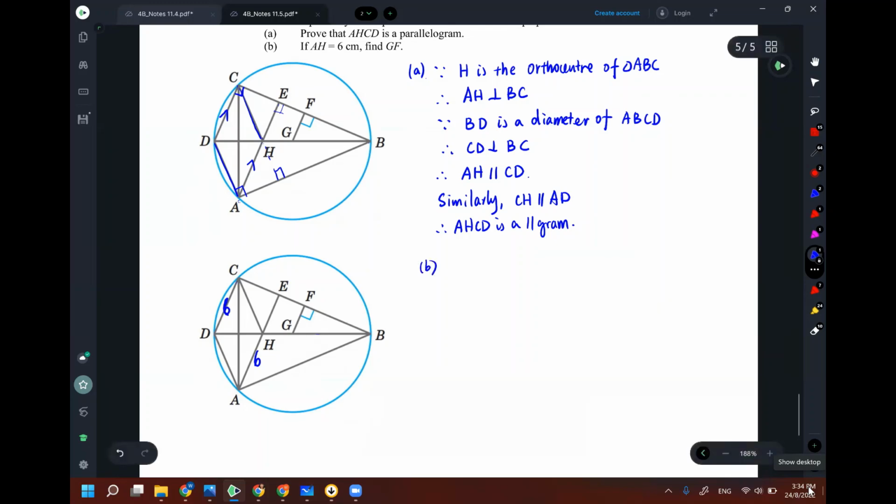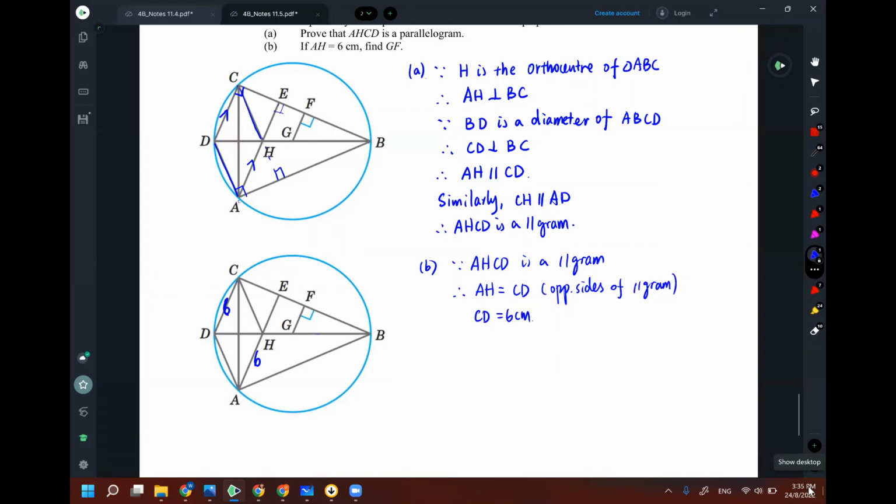I'll present it nicely. So because AHCD is a parallelogram, therefore AH equals CD, opposite sides of parallelogram. CD equals 6 cm.